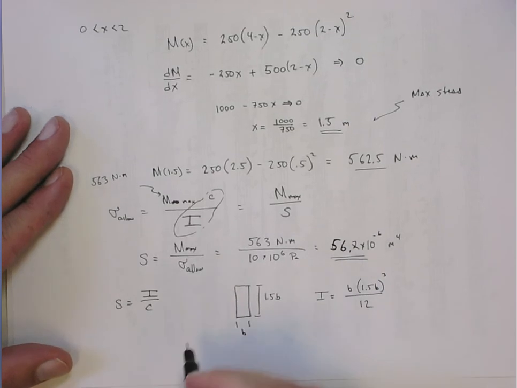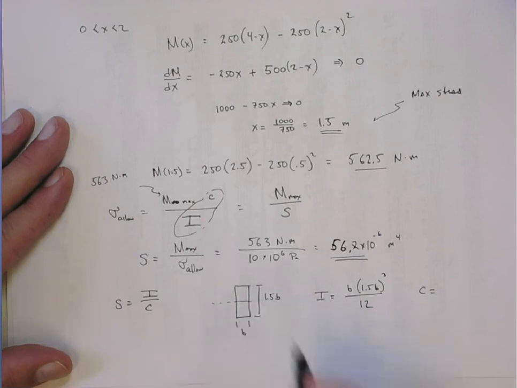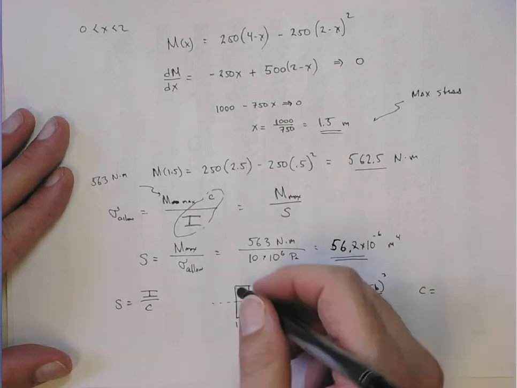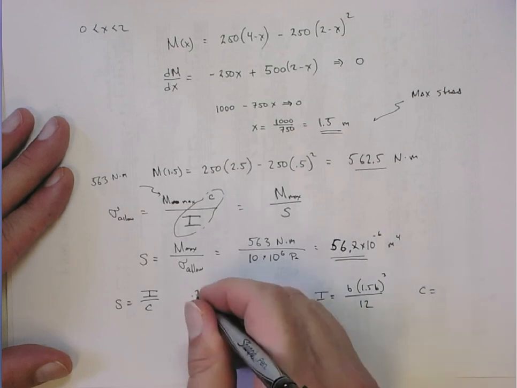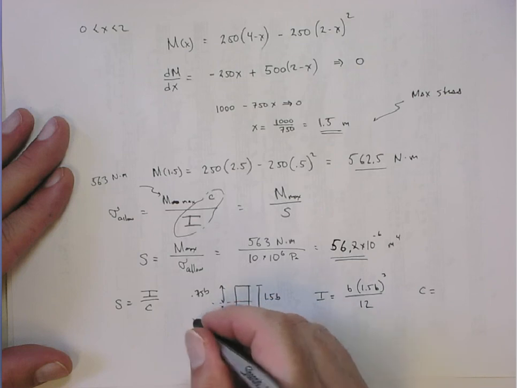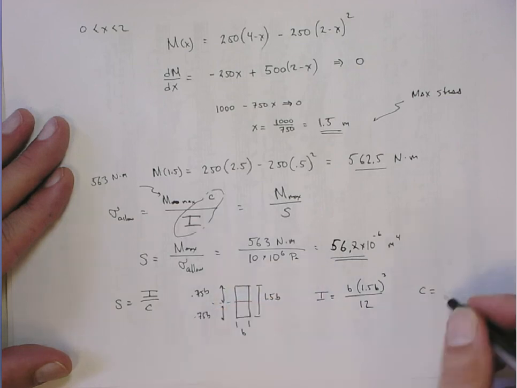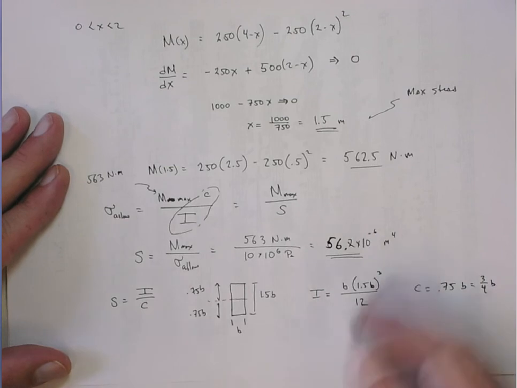Now we divide that by C. C is going to be, it's symmetric, so the neutral axis goes right through the middle. So the C is going to be 0.75 times B. It's the same top and bottom. So C is 0.75 B, or to keep the fractions, that would be 3/4 B.